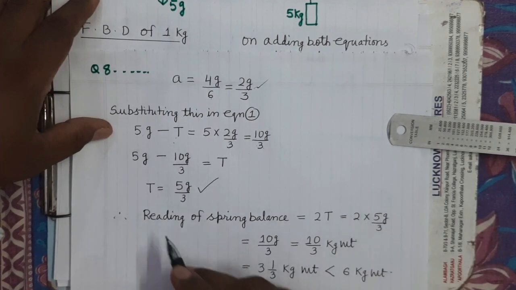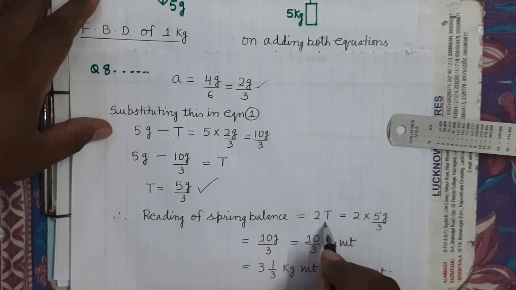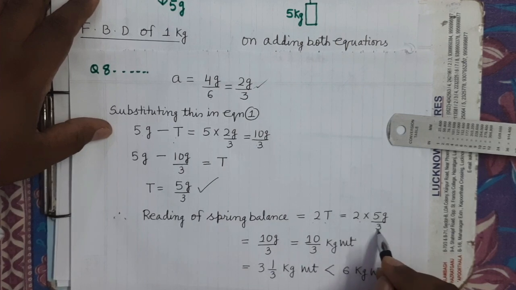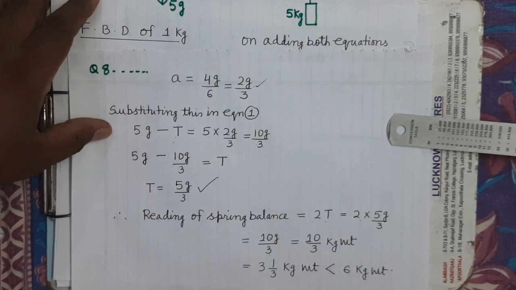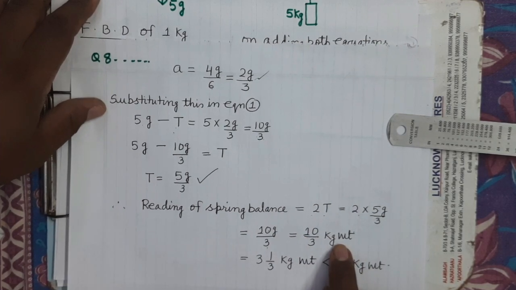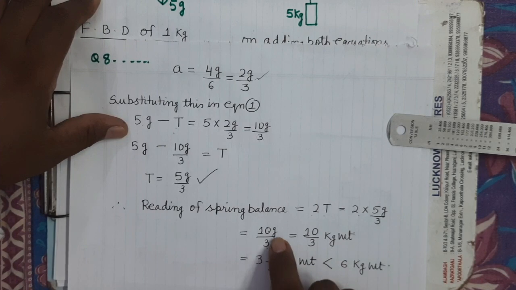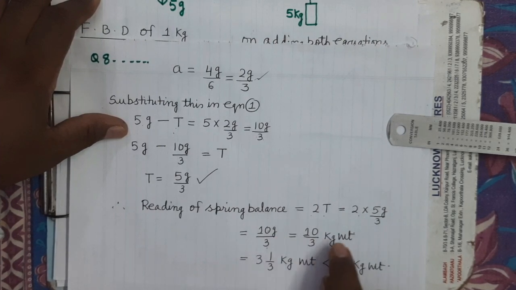Now what is the reading of the spring balance? It is 2 into t, that is 2 into 5g upon 3, that is 10g upon 3. When you remove the g, the answer will come in kilogram weight, and when you place the value of g, the answer will come in Newton. But as we know, weight is always expressed in kilogram weight.